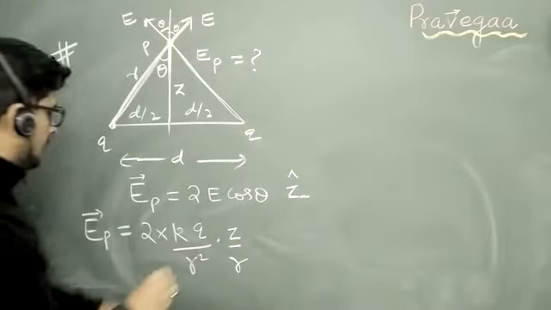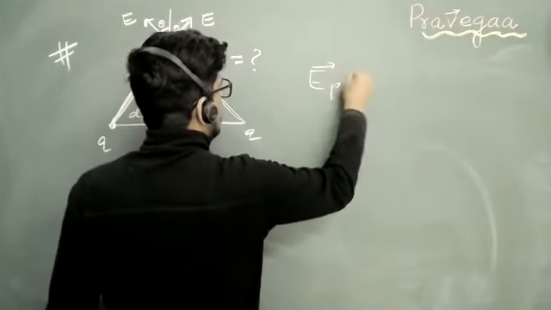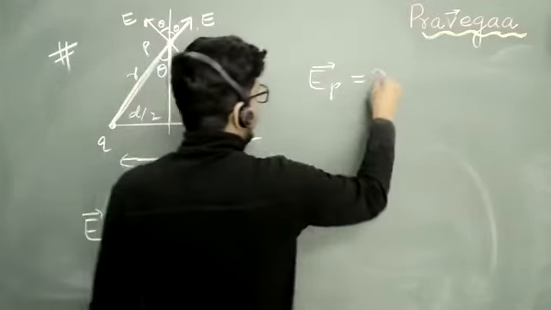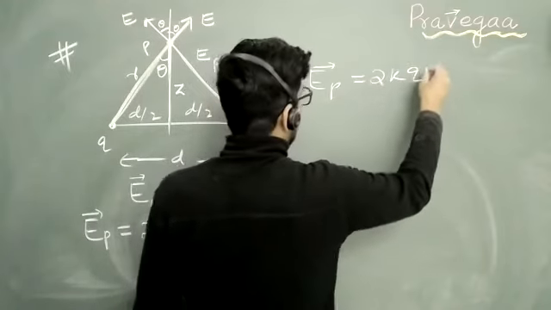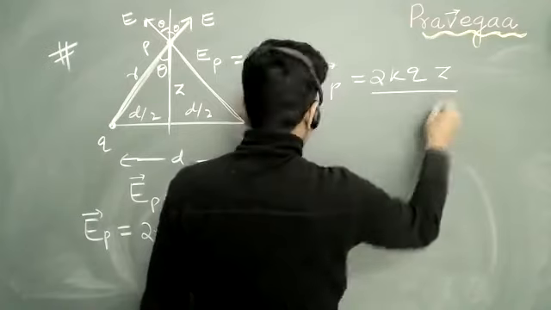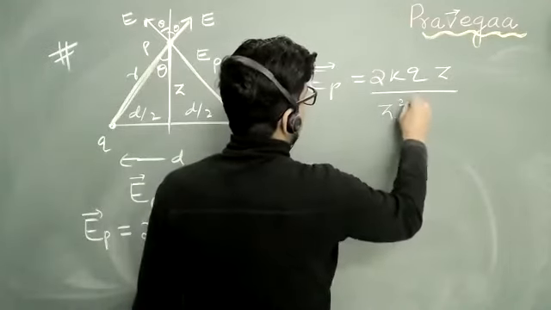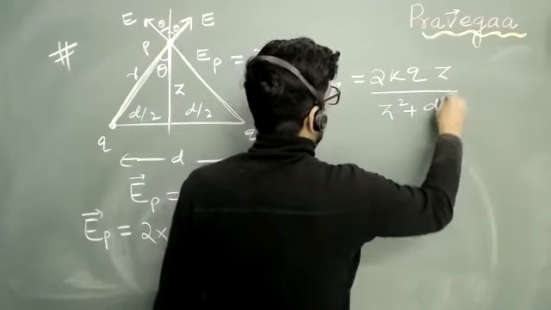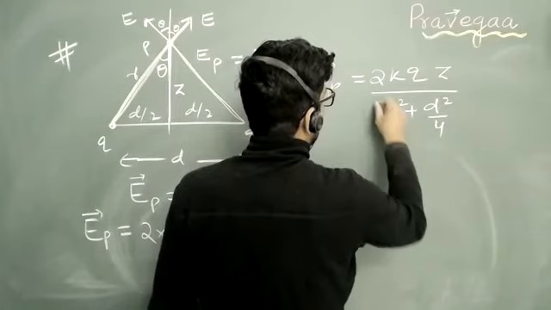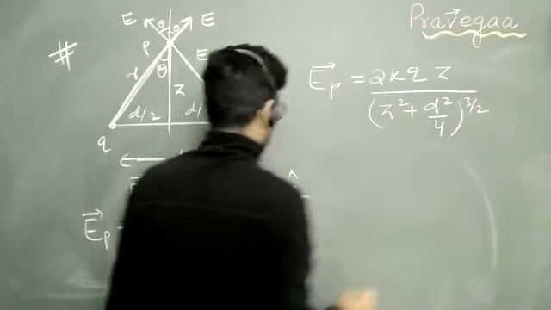Now it will become EP is equal to 2KQ into Z over R cube. And what was R? Z square plus D by 2 the whole square, D square by 4, to the power 3 by 2.